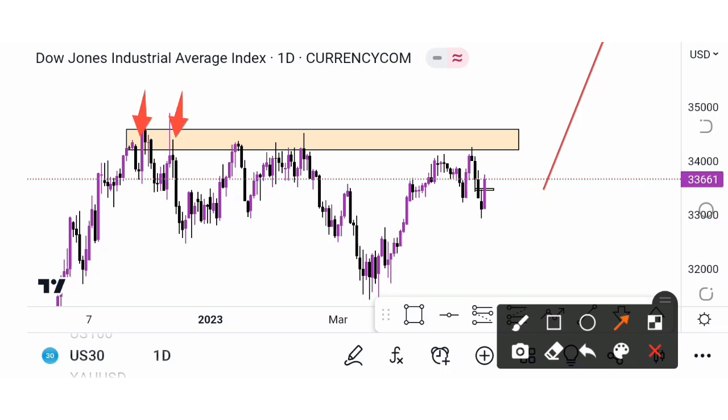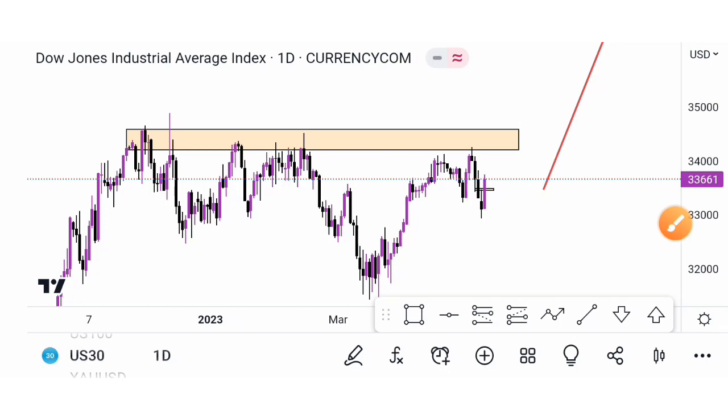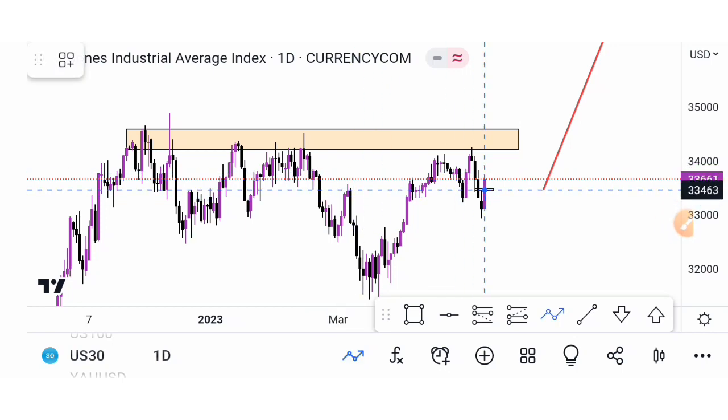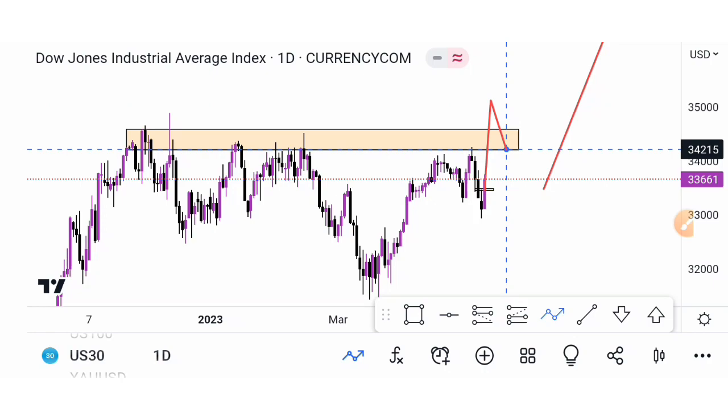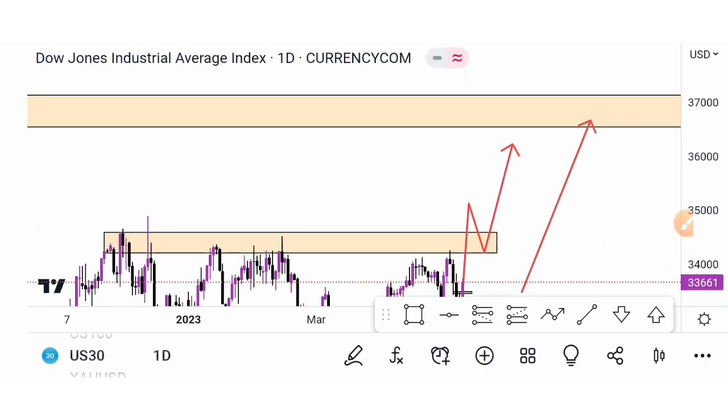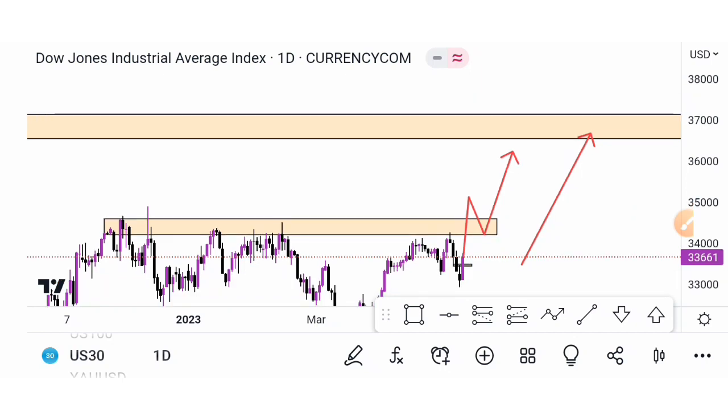Resisted first time, second time, third time, fourth time, and we were there for the fifth time. Obviously it has shown to be an area of sensitivity where price is failing to break. So for me to buy, I would need to see that US30 goes up, breaks that resistance that it created, and then comes back down and supports from that area, and then we can expect to see buys from there on until that take profit area over there.